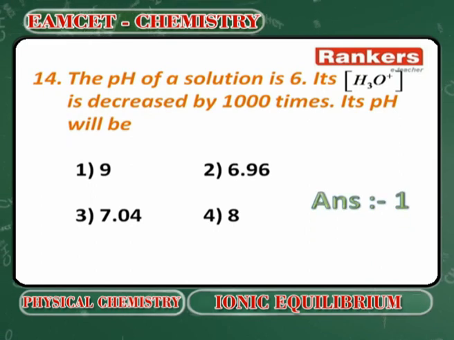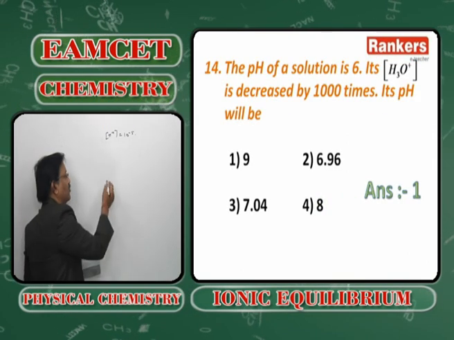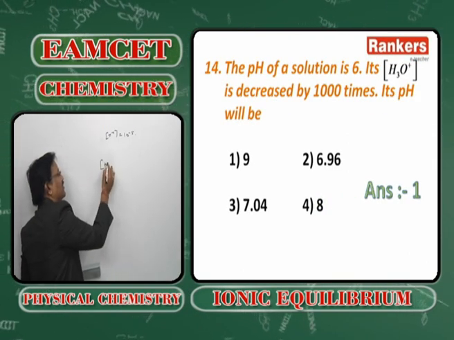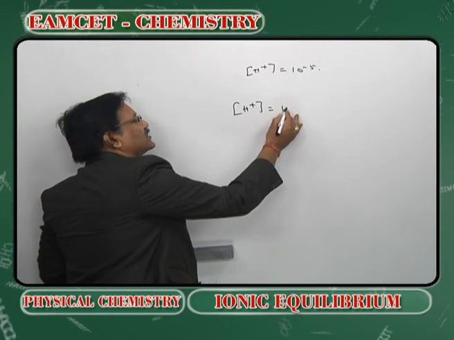Next, the pH of a solution is 6. Here, the H3O plus ion concentration, that is the H plus ion concentration, is decreased by 1000 times. So the H plus ion concentration in the initial solution is 10 to the power of minus 6.